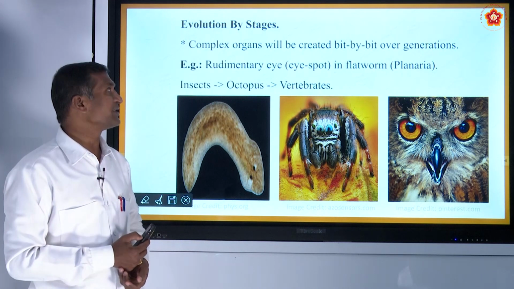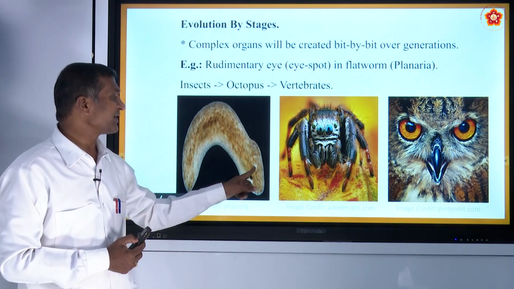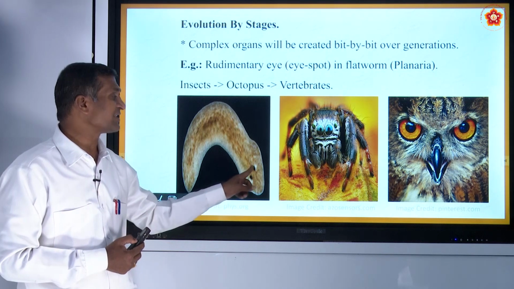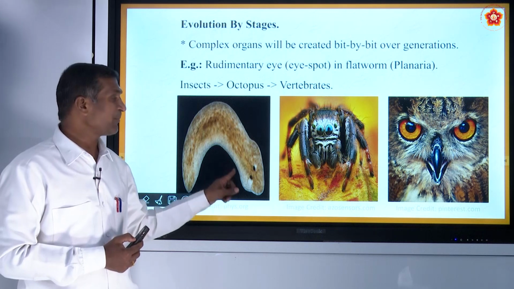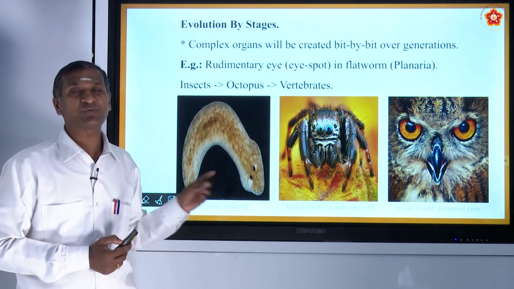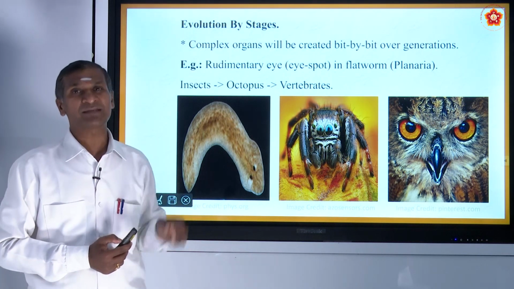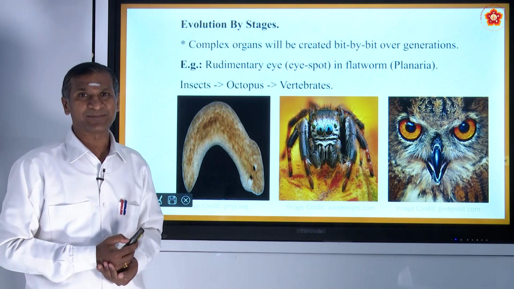An example is being given. The rudimentary eye, just an eye spot, is there in this invertebrate, mainly planaria, flatworms, they come under the phylum Platyhelminthes.